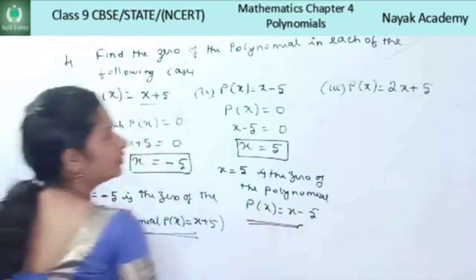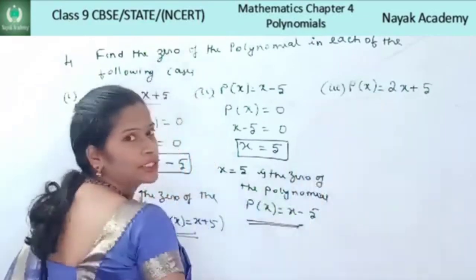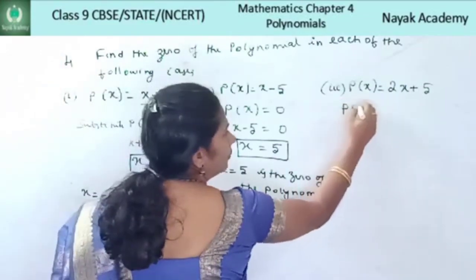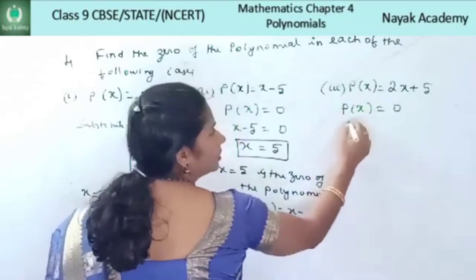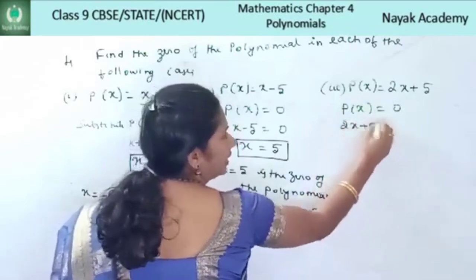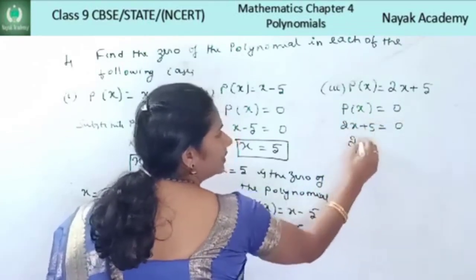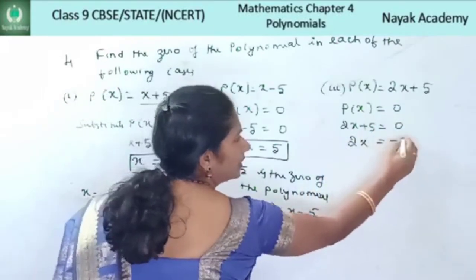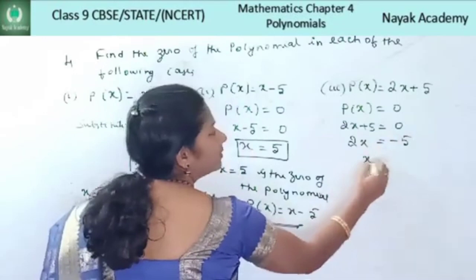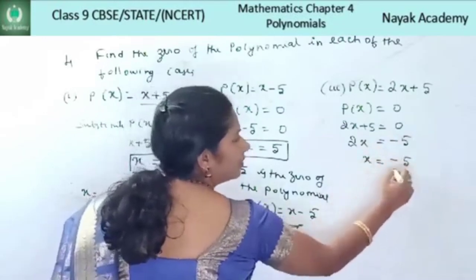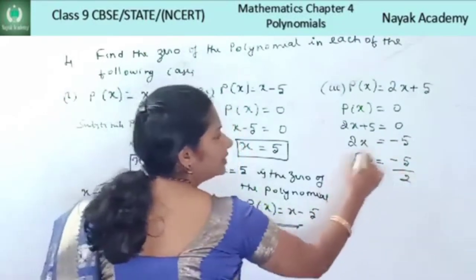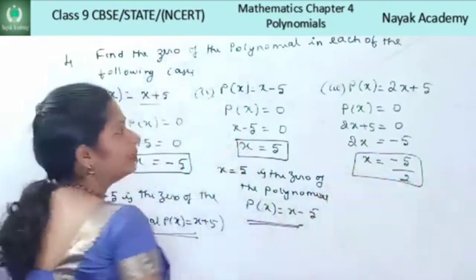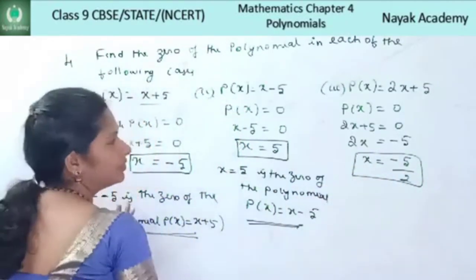Coming to the third question, p of x is equal to 2x plus 5. Substitute p of x is equal to 0. So 2x plus 5 equal to 0. 2x you keep left hand side only, and plus 5 you transpose to right hand side. It becomes minus 5. X value is minus 5 divided by 2, and this is the zero of the polynomial p of x is equal to 2x plus 5.